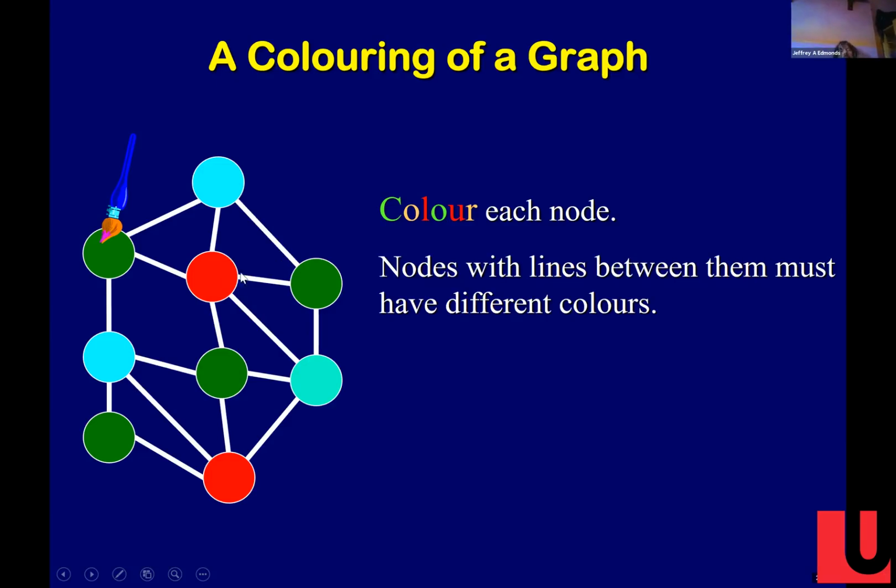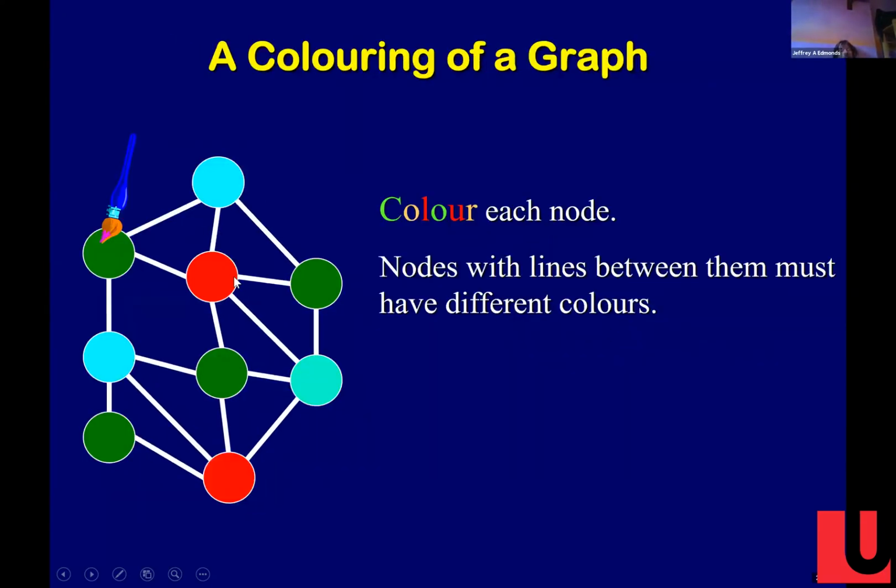And the bichromatic comes from every edge. Here's an edge of the graph, and you'll note its two nodes have different colors. That's bichromatic, two colors. Every edge has two different colors. You look at every pair of nodes: these two nodes have the same color, but that's not a problem because there's not an edge between them.